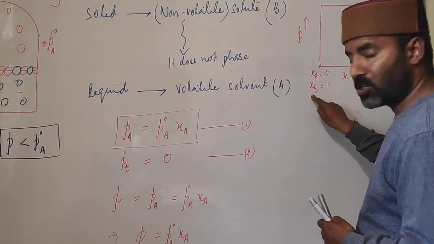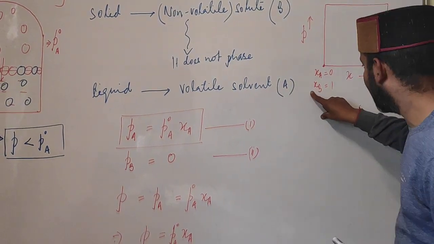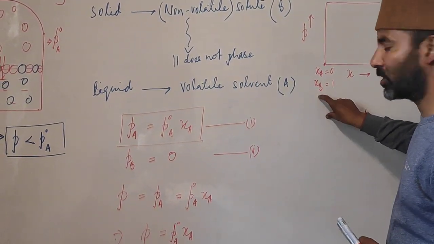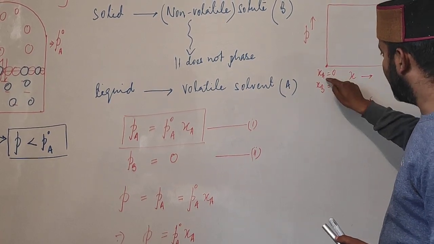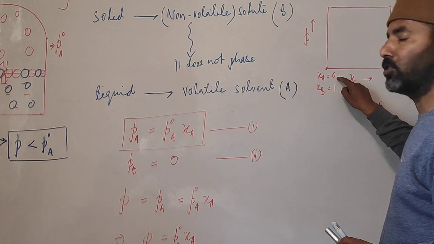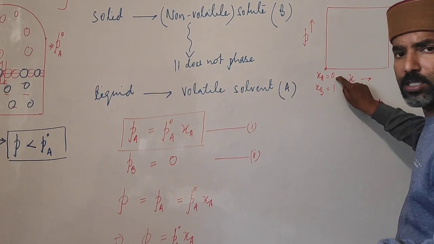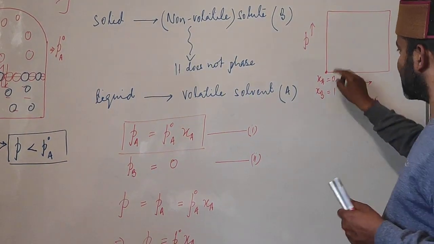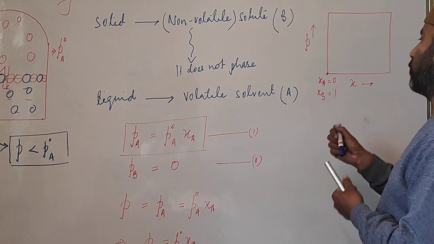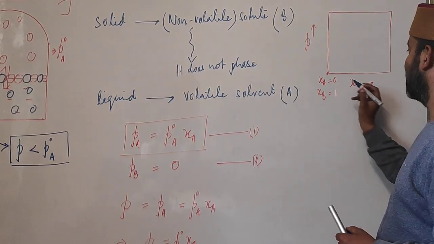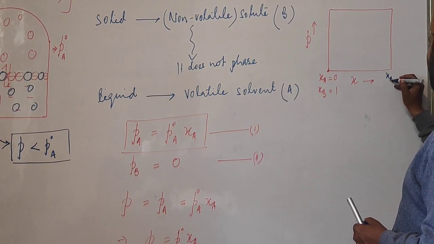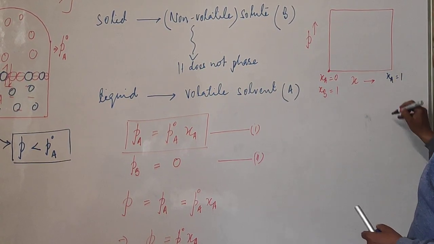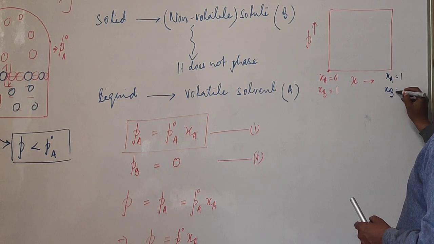But B is non-volatile, so the vapor pressure will not be due to B, because it is non-volatile. It will not be due to A either, because there are no moles of A in the solution yet. So at this stage the vapor pressure is 0. But gradually the mole fraction of A will increase, and here the mole fraction of A becomes maximum, that is 1, and B becomes 0.